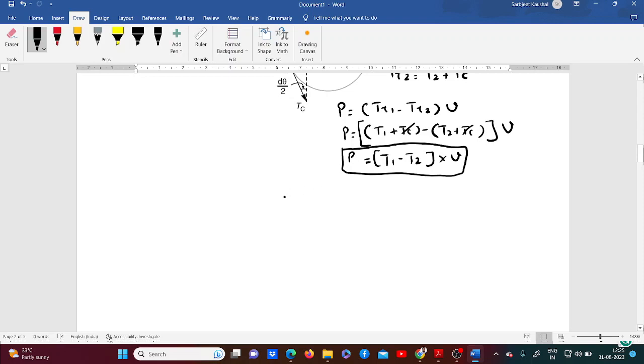Also, we only consider the effect of centrifugal tension when the velocity of the pulley is greater than 10 meter per second. We will not calculate the effect of centrifugal tension on the power transmission when the velocity is less than 10 meter per second.